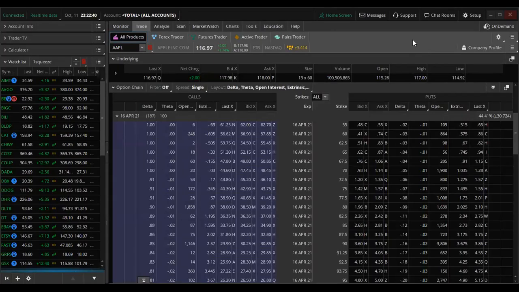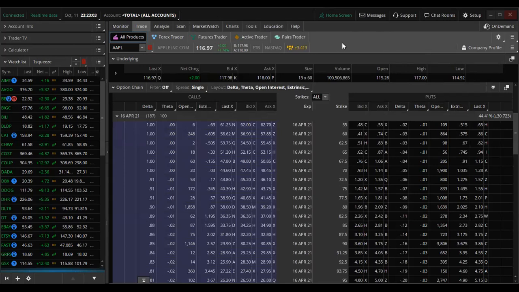Now we're going to take a closer look at call options and give you a better description of how they work and why you would use them. So for this example, I pulled up an option chain of Apple stock.